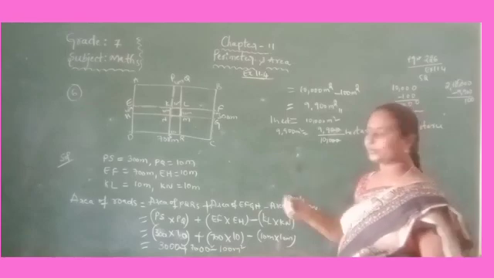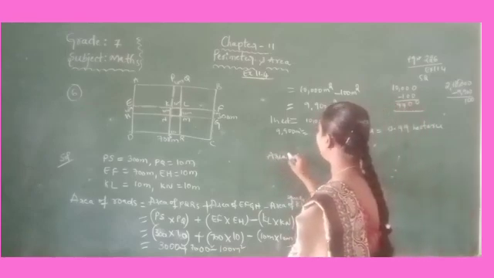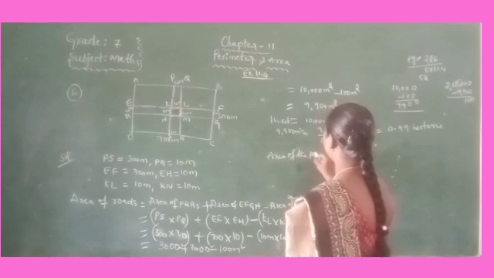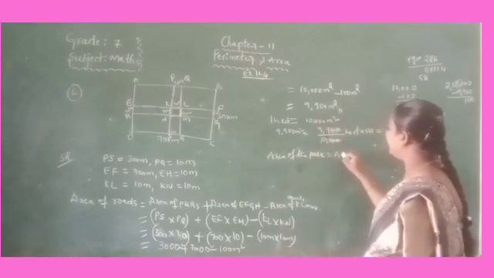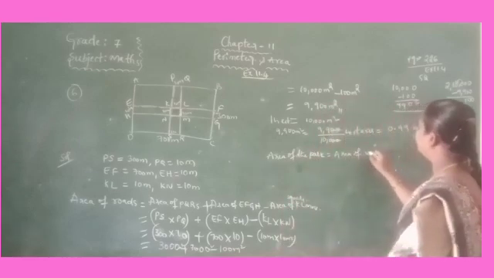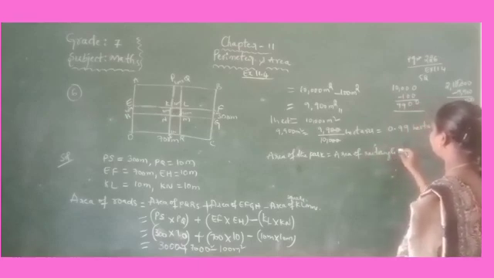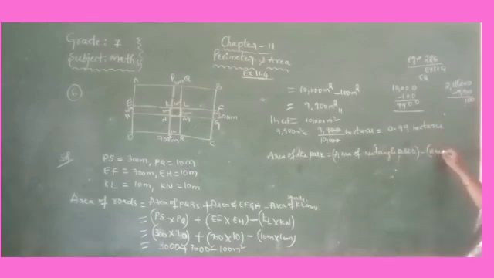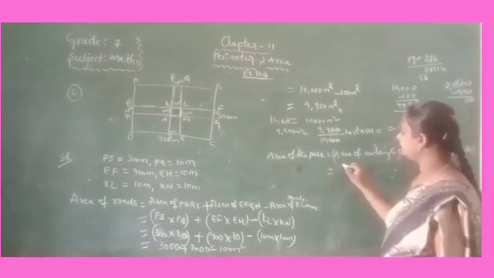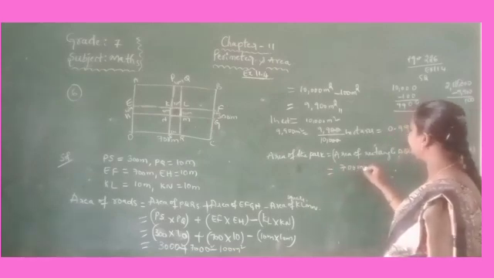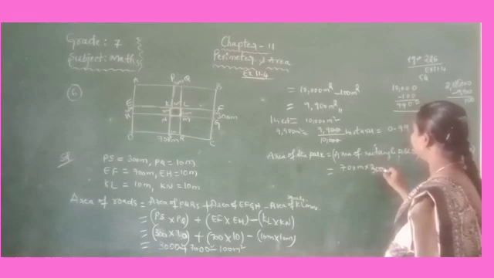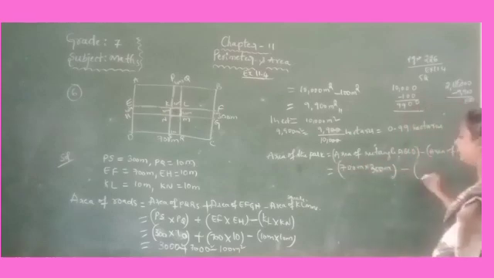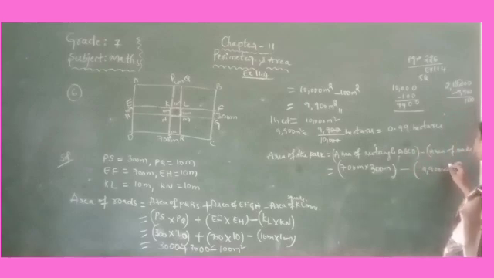Okay, now here we have to find the area of the park, excluding the road. So the area of the park is equal to the area of rectangle ABCD minus the area of the roads. So the area of the rectangle is 700 meters into 300 meters, minus the area of the road, which is 9,900 meters square.